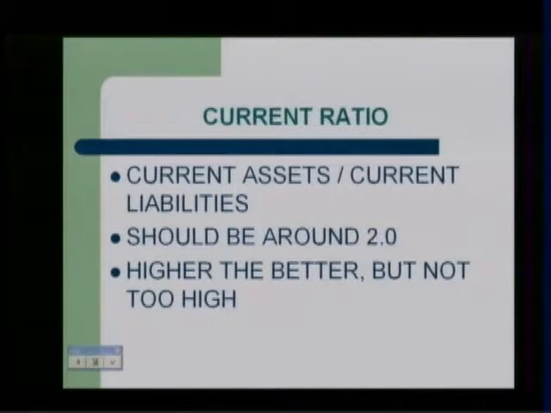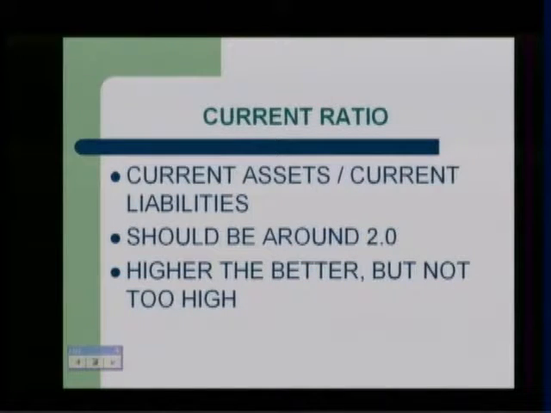Now again, remember we said ratios were easier to use when you were comparing firms of various sizes. You could compare a large firm, a middle firm, and a small size firm, all using the same ratios. So the current ratio is simply the relationship of current assets to current liabilities.